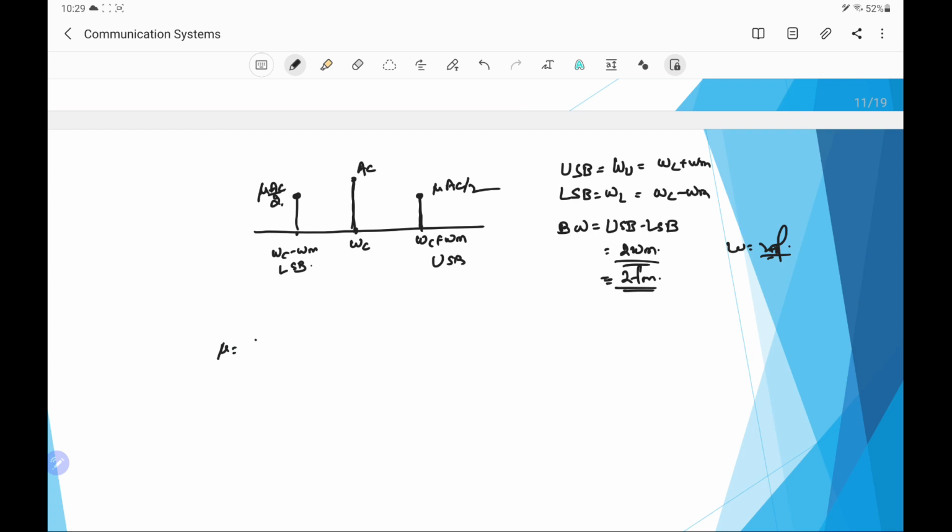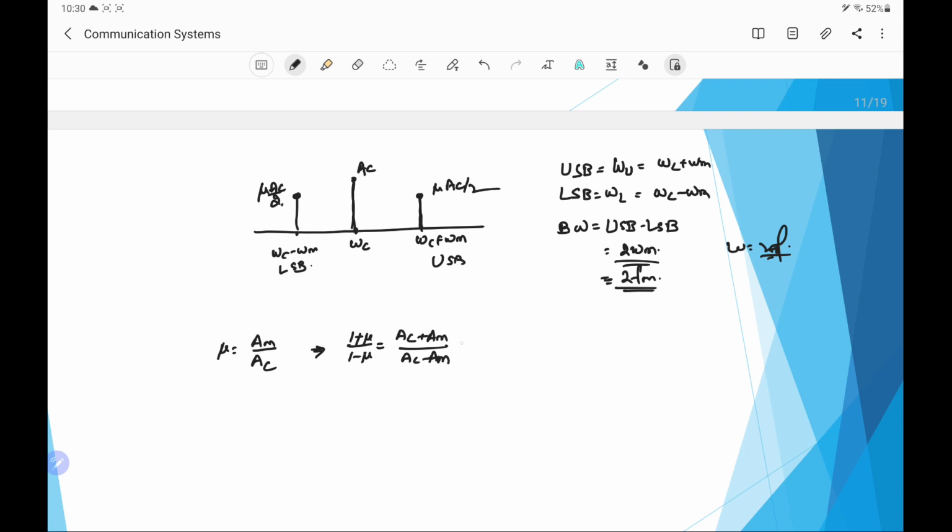Modulation index mu equal to Am by AC, it is the ratio of the amplitude of modulating wave and the amplitude of the carrier wave. We can write it, using the componendo and dividendo theorem, as 1 plus mu by 1 minus mu, that is equal to AC plus Am by AC minus Am.